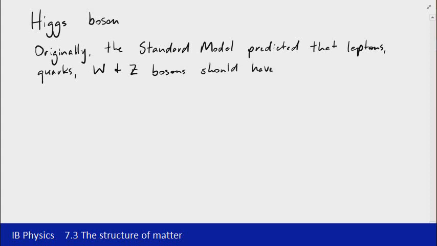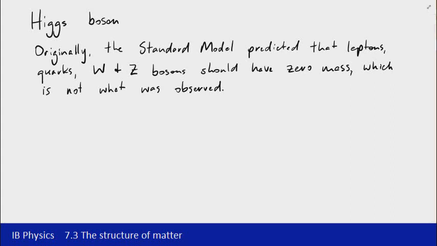And we've seen already that that's definitely not the case, that these particles do have masses, and in fact the leptons increase in mass, likewise the quarks, as we go across the generations, and that's not what has been observed. So when experiments were done measuring these particles, we definitely saw that these particles had mass, and so this idea of the standard model predicting that they should have zero mass was a bit of a problem.